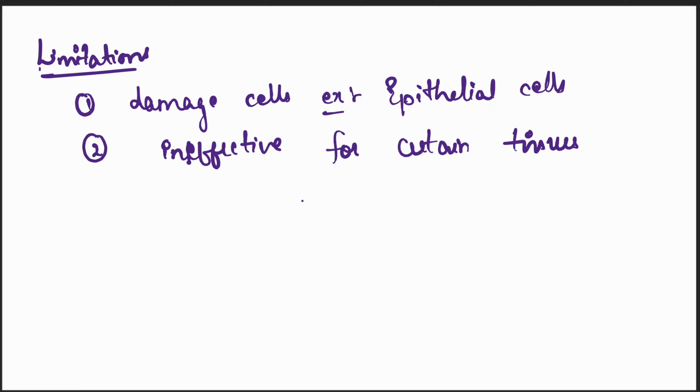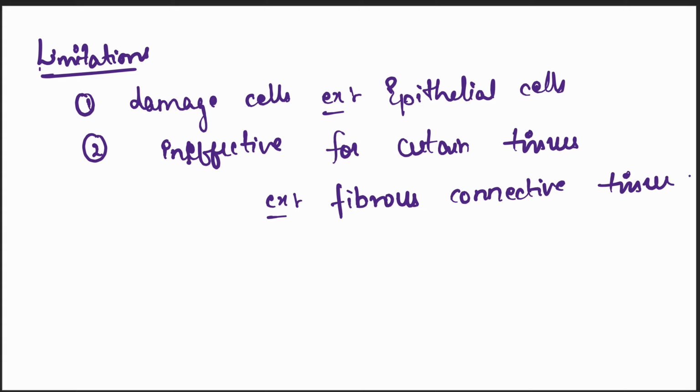Ineffective for certain tissues means it does not show any effect in breaking certain tissues, such as fibrous connective tissue. It cannot be broken down by using trypsin. Because of these reasons, other enzymes are used in place of trypsin. So these are the limitations of trypsinization or trypsin.